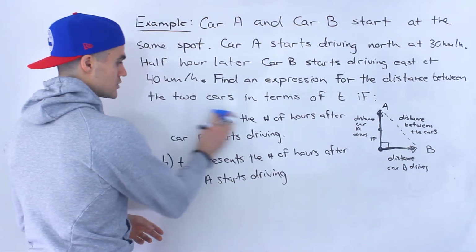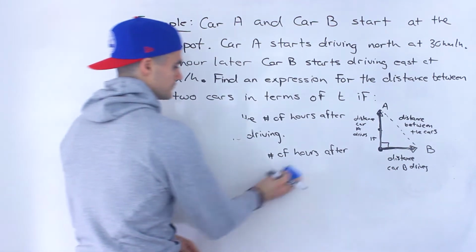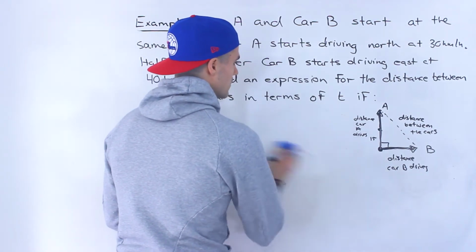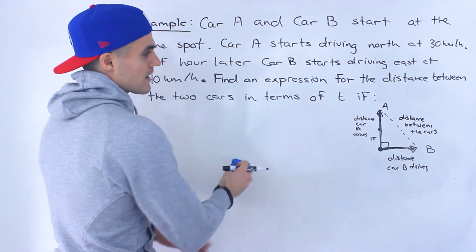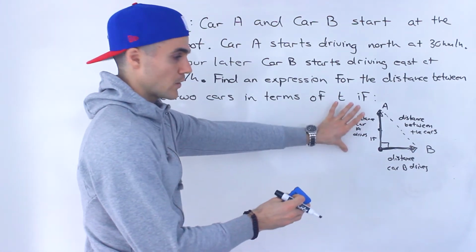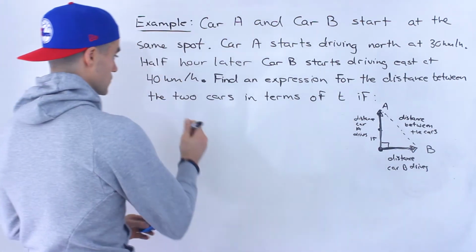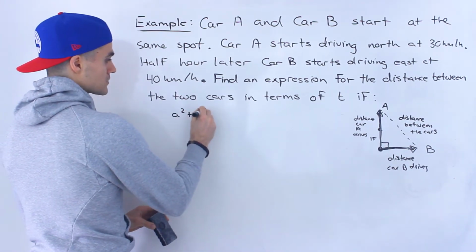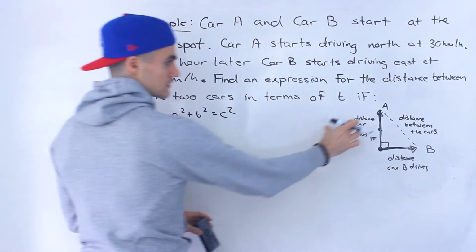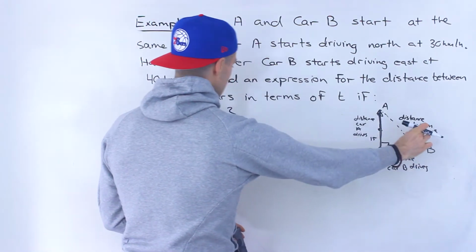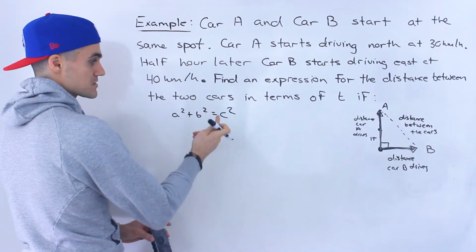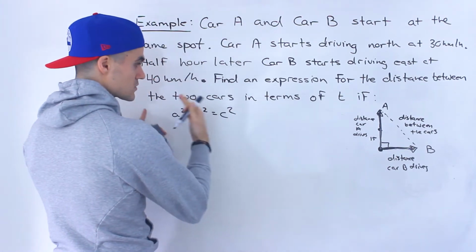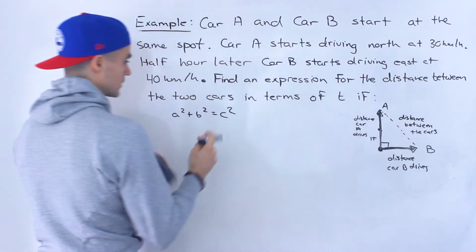And so what we can actually do, I'm going to erase all of this here, is with those words for now, not even using any variables yet, create a general equation with these words using Pythagoras theorem. We know a squared plus b squared equals c squared, right? This is like the a, this is like the b, this is like the c, or c squared equals a squared plus b squared. Let's put the c squared on the left side. So that's the distance between the cars.